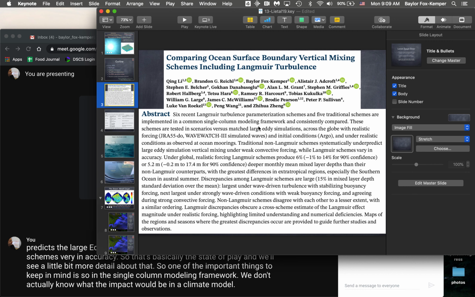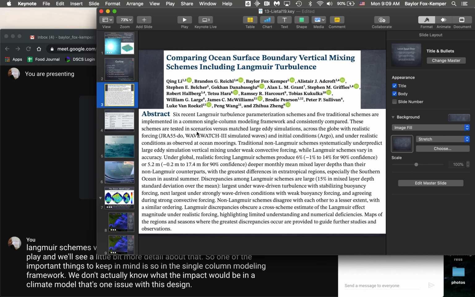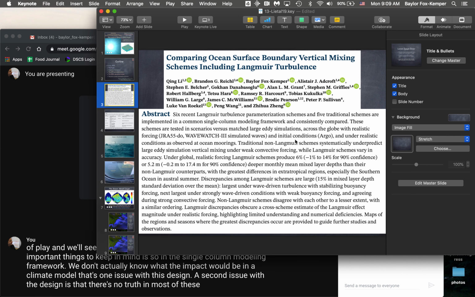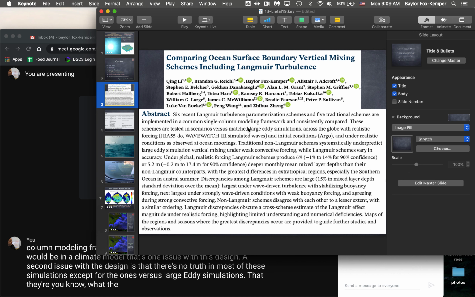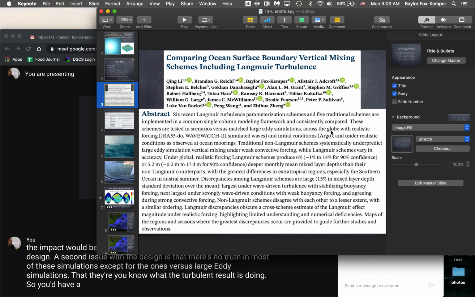That's one issue with this design. A second issue is that there's no truth in most of these simulations except for the ones versus large eddy simulations. There you know what the turbulent result is doing, so you'd have a direct comparison.